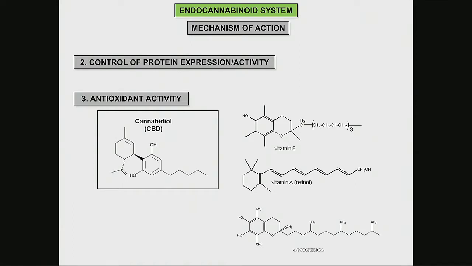These are the most potent antioxidants that we know. If you compare the structure with that of cannabidiol, it's very easy to see that they look very similar. So cannabidiol also is a very, very potent antioxidant compound, and some of the therapeutic effects of CBD are produced by its antioxidant capability.